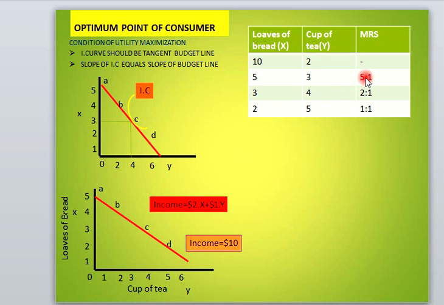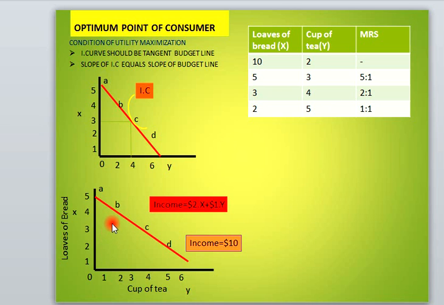What he forgoes at the initial stage is more than what he forgoes at the second stage, and what he forgoes here again is not up to what he forgoes in the previous one. So as he's taking more of a commodity, what he is forgoing is reducing. That is why we say marginal rate of substitution is diminishing.